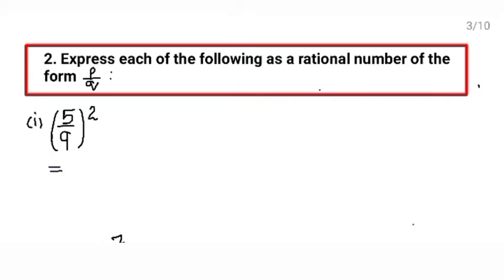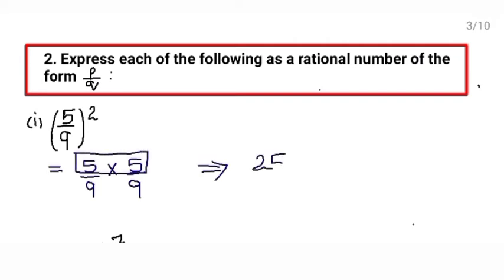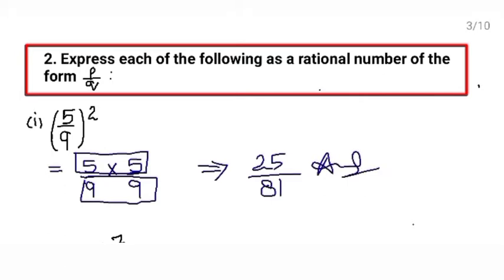It means 5 upon 9 is multiplying by itself 2 times. So multiply it here. 5 upon 9 multiply 5 upon 9. Multiply the numerators. 5 5s are 25. Denominators 9 9s are 81. So what is your answer? 25 upon 81, which is in the form of P upon Q.